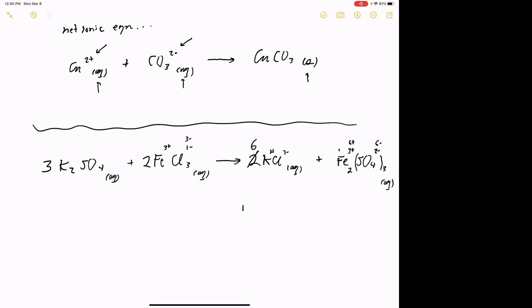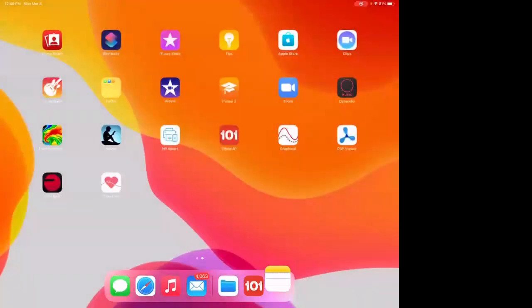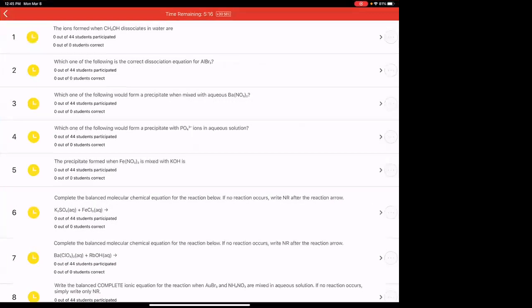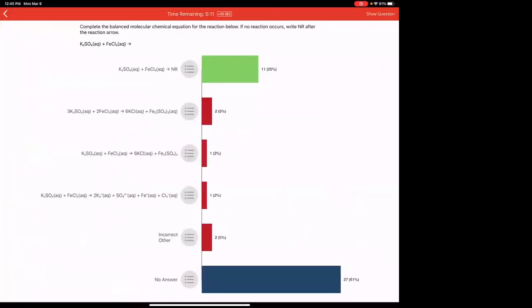So yeah, we'll just put a big NR there for no reaction. See if we got it right. Yep, we got it right. Oh, it actually does say complete the balanced reaction equation, doesn't it? Okay. Well, we didn't have to in this case because we got an NR.